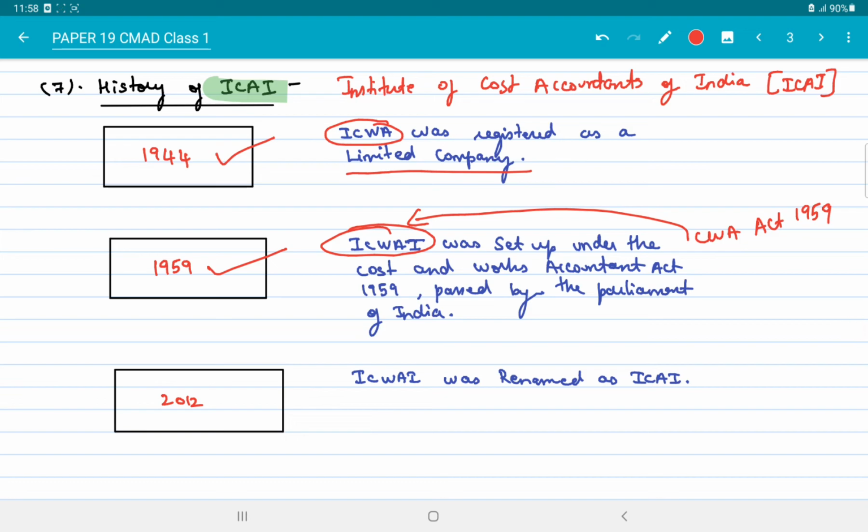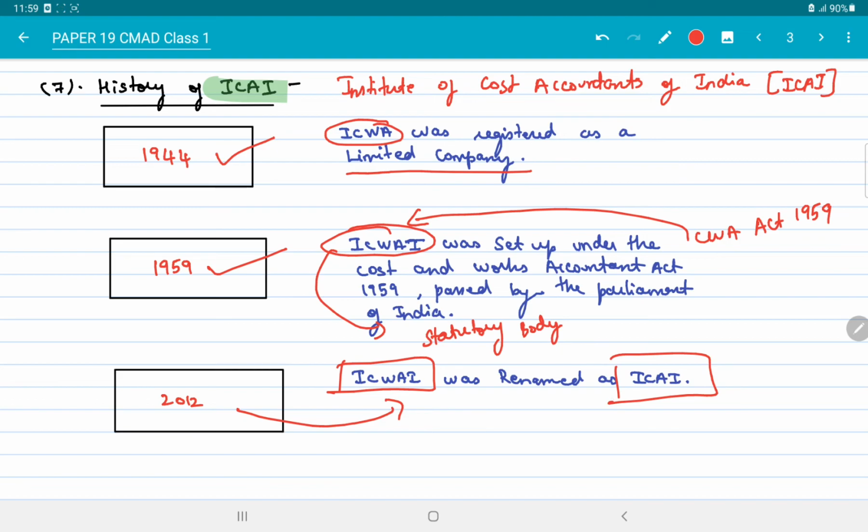From limited company, it became the statutory body, as it was recognized by Parliament of India. Later in 2012 the name was changed from ICWAI to ICAI.